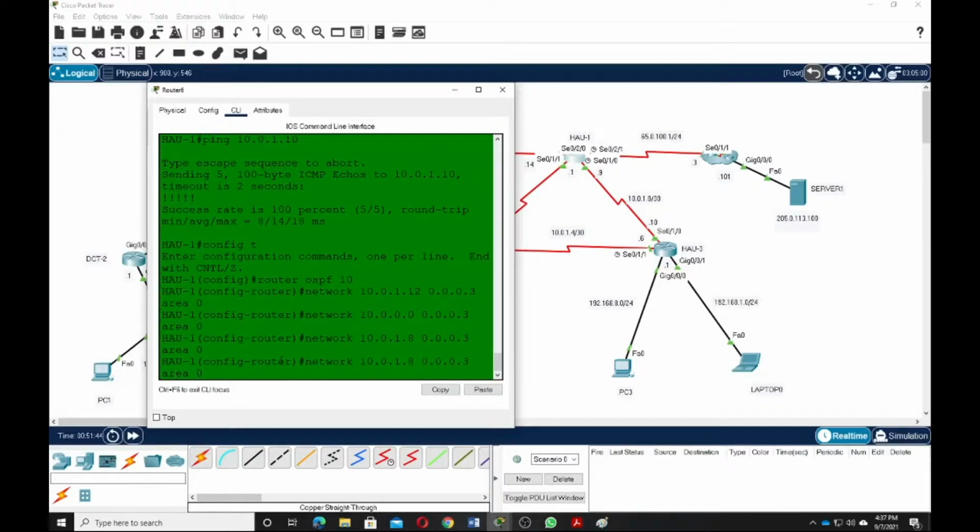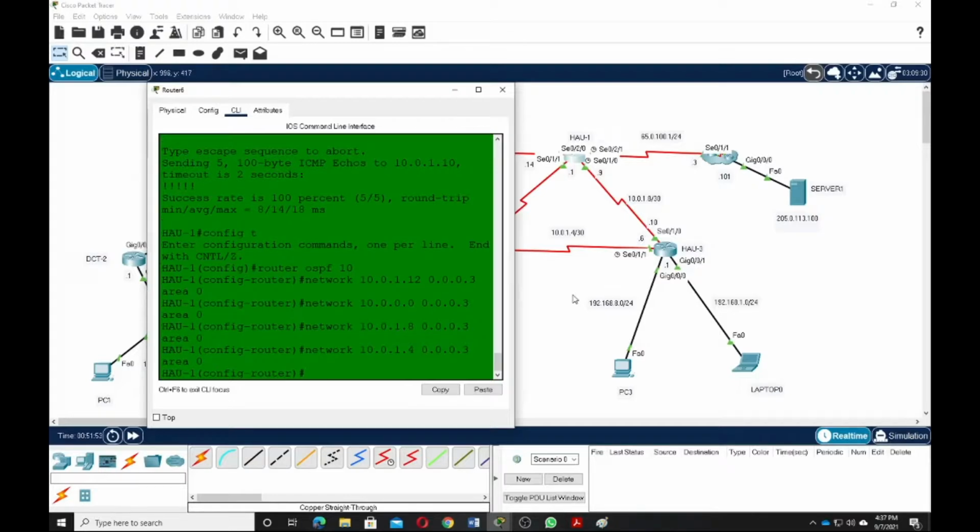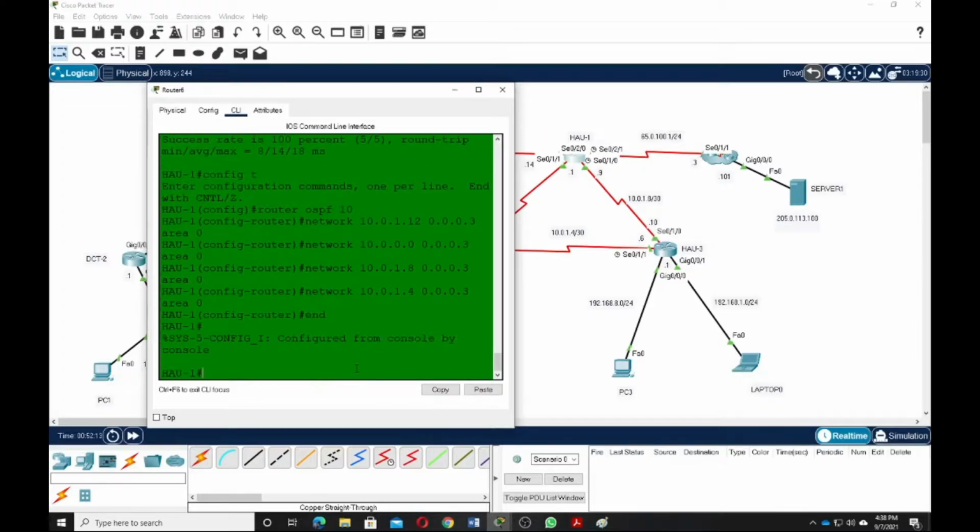And then we have the 1.4 network, .3 also because this is /30. Alright, we finish entering, and the other network is not part of the OSPF routing domain, so we don't need to enter it. So let's save the configuration.